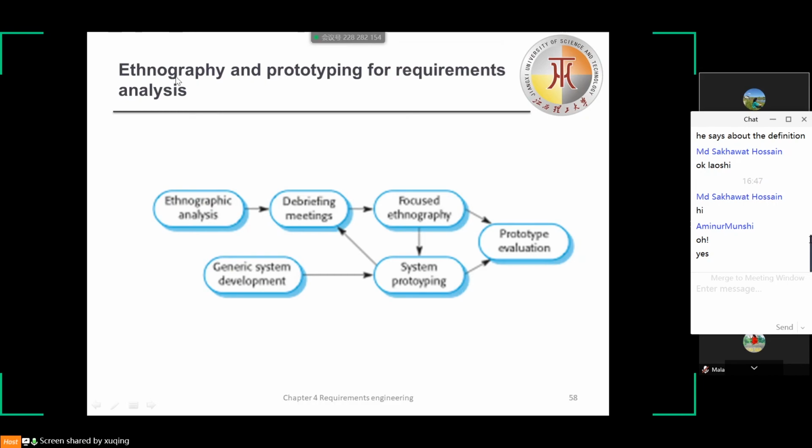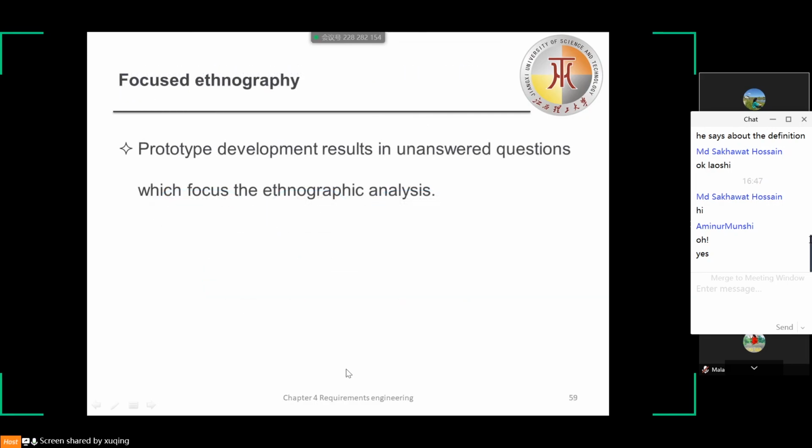Therefore, ethnography is not a complete approach to elicitation on its own, and it should be used to complement other approaches, such as use case analysis we have seen before. When we combine ethnography with prototyping, prototype development results in unanswered questions, which focus the ethnographic analysis.